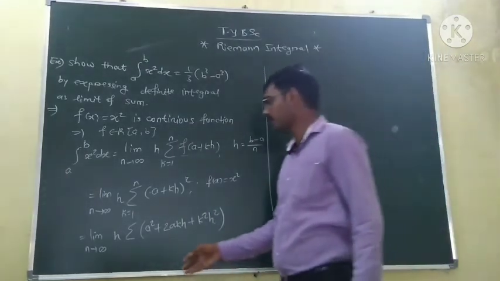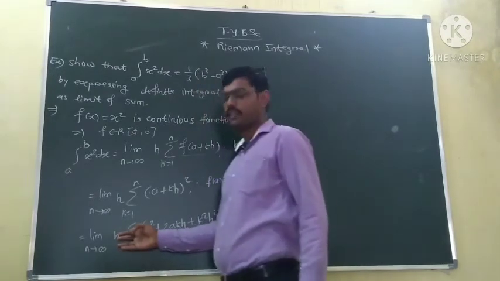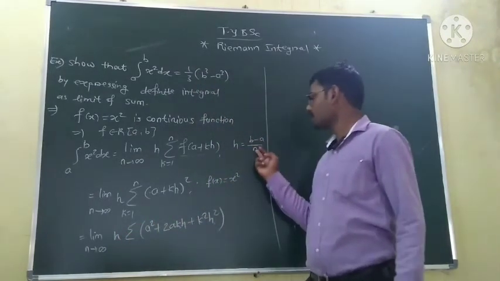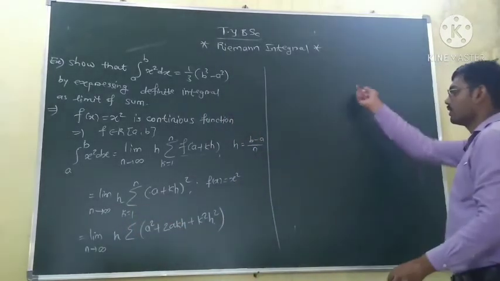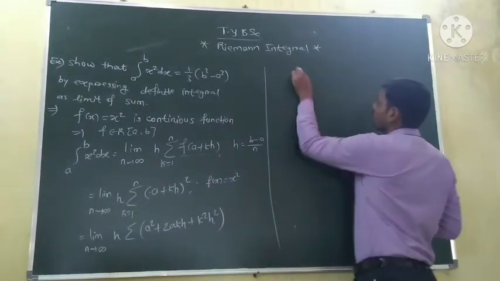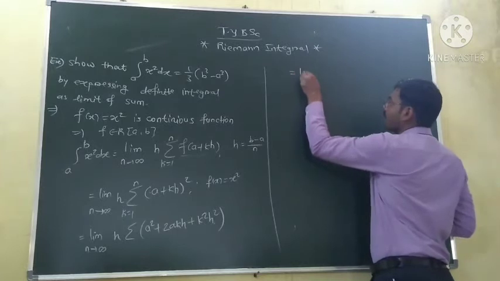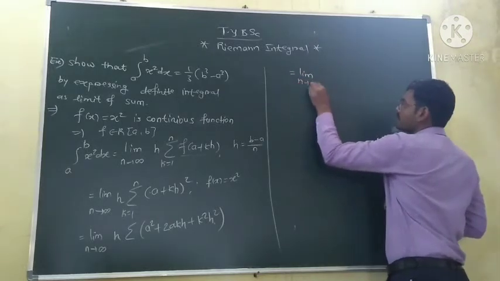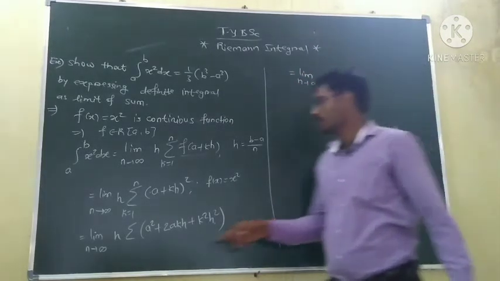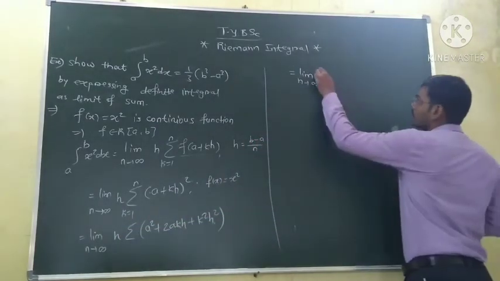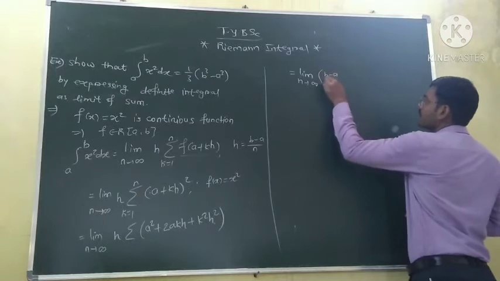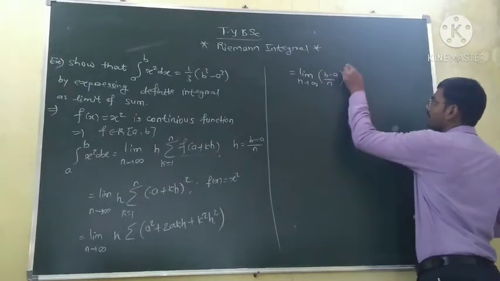Hereafter we will put the value of h, because h involves n. So this is equal to limit n tends to infinity of b minus a upon n in bracket.